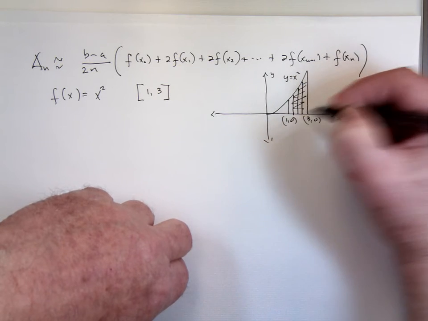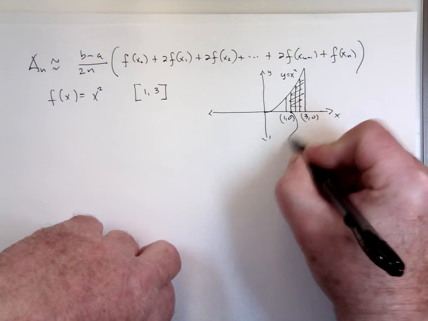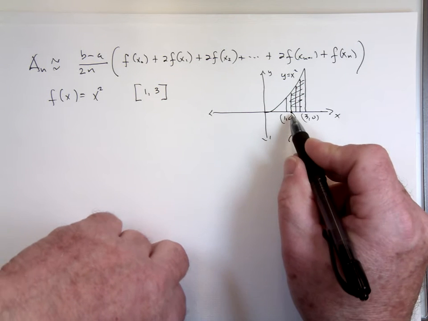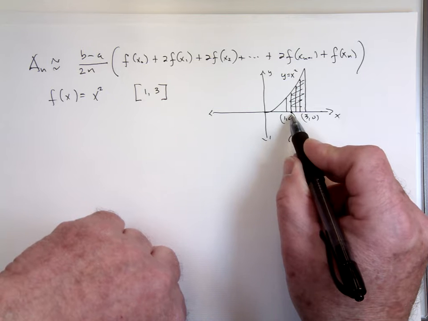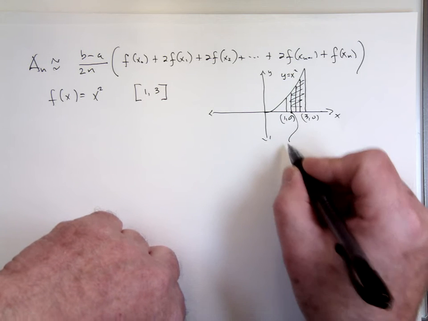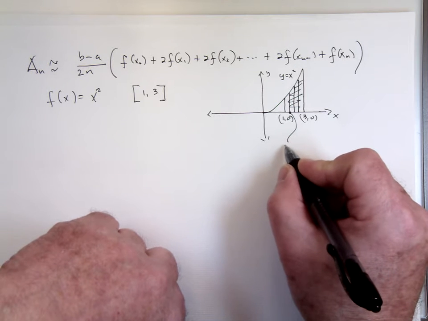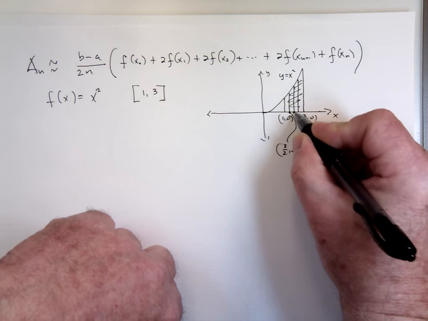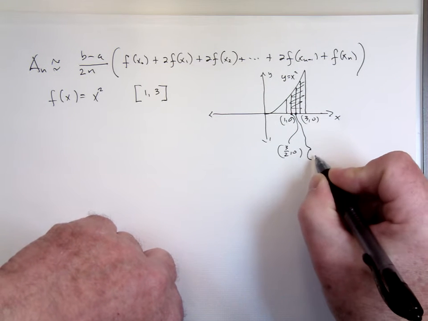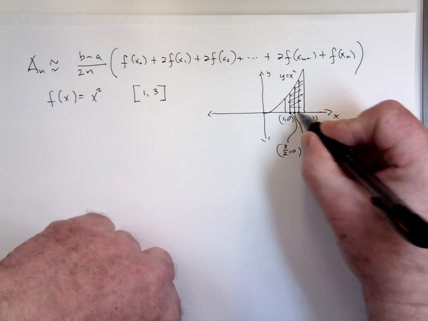Okay. So, here we go. This point right here, what would the coordinates of this point be? 1.5. 3 halves, 0. I like fractions better, though. 3 halves, 0. Okay. This point? 2. Thank you. This point? 2.5. 5 halves.